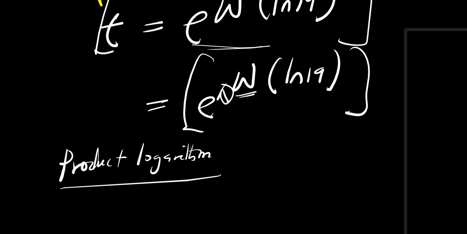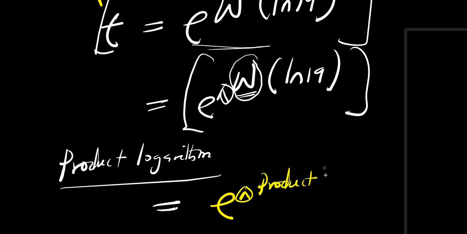So for calculators that have this, instead of using the Lambert W function here, what you are going to type in will simply be e raised to the power of the product logarithm of ln 19.